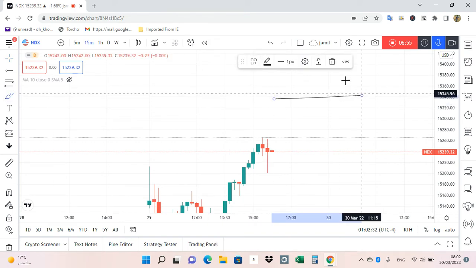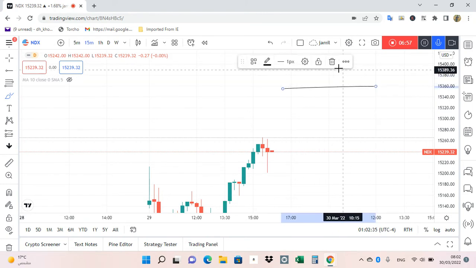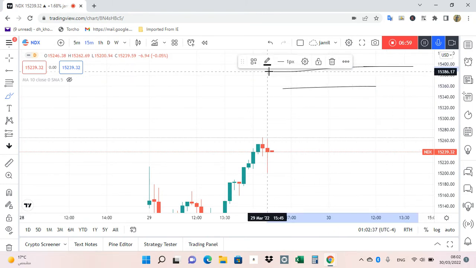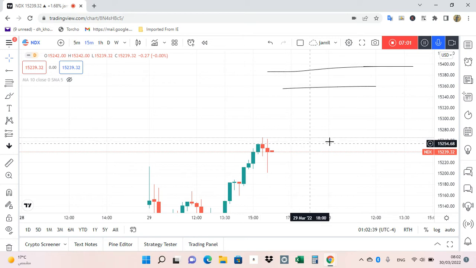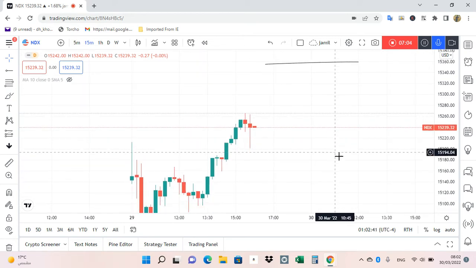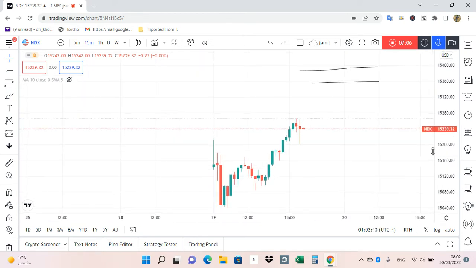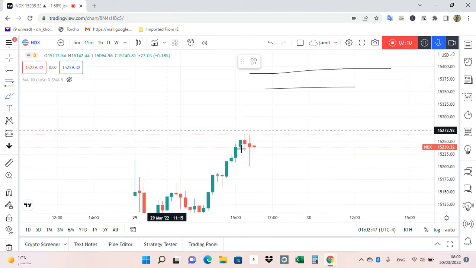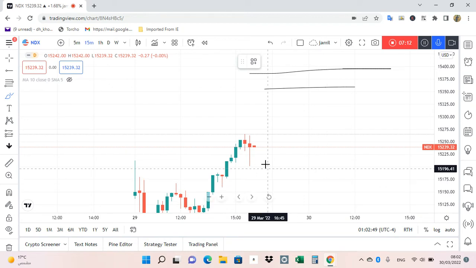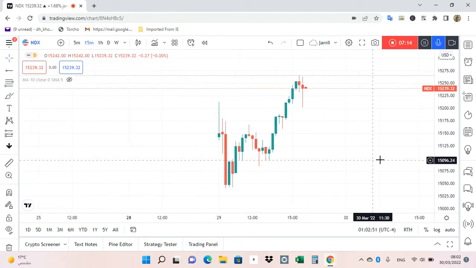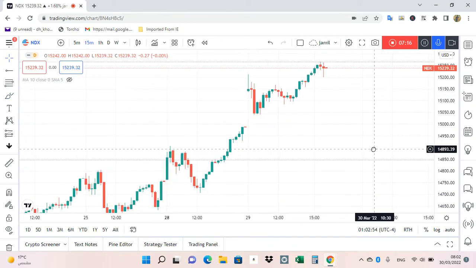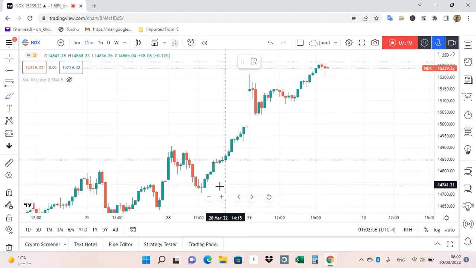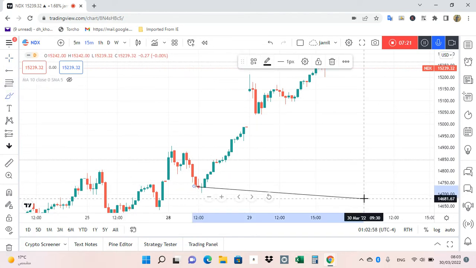As we analyze, 15,400, 300 and 350, 340, and 400 is a very round level for the market, a very strong resistance. As we can see, we have 2 days to the option expiry on the Nasdaq 100. To be honest, as I'm seeing, the premium on the call side and put side is very high.